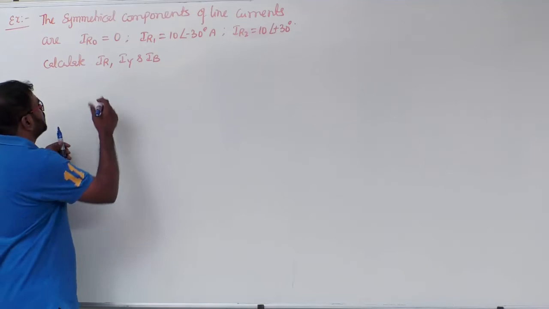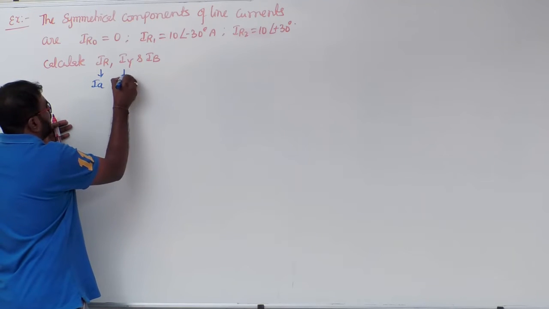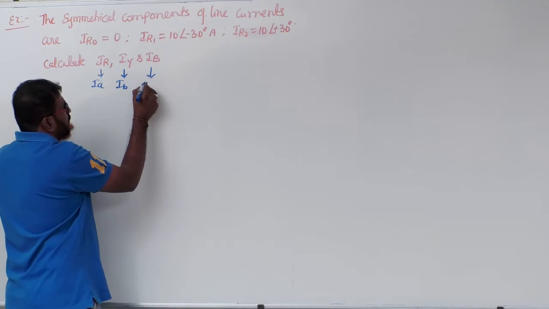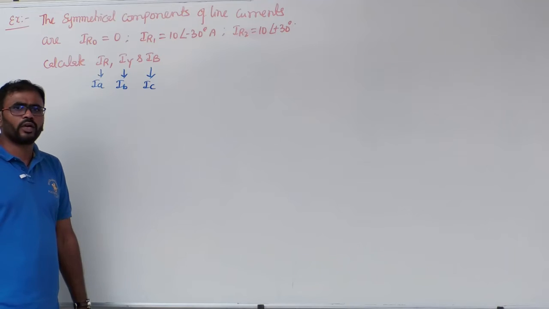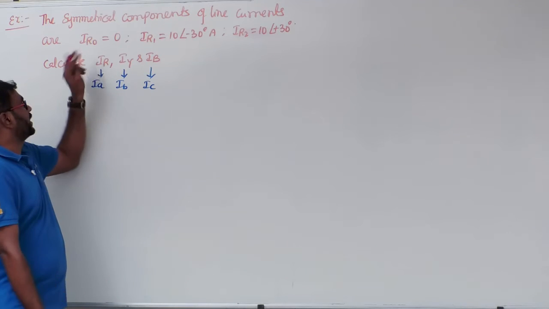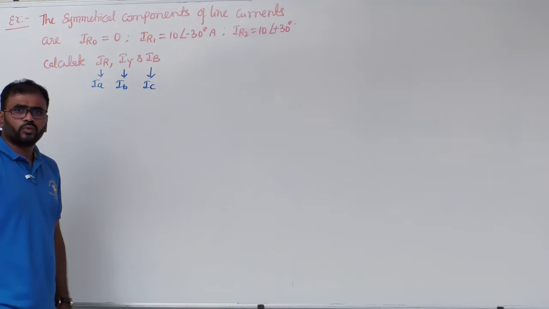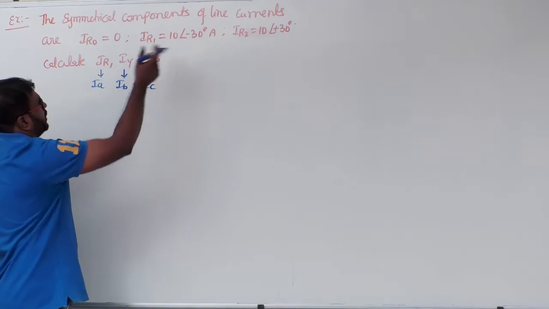Only this IR according to us is IA, IY is IB, and capital IB is IC. Everything else remains the same. Clear? IR0 means IA0, IR1 means IA1, IR2 means IA2.